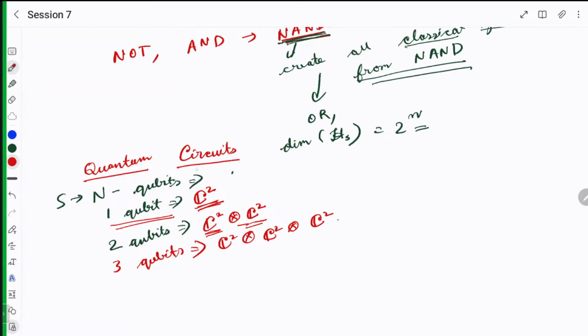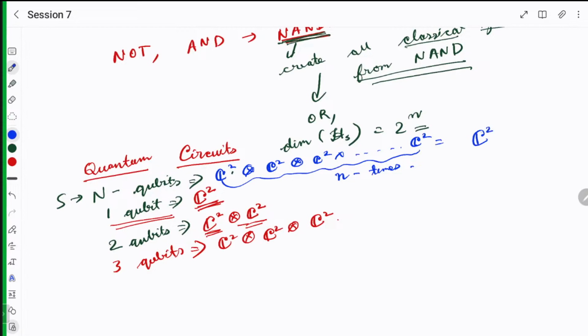Right. So for n qubits, it will be C2 tensor C2 tensor C2, and this will go on for n times. So this is the Hilbert space for n qubits, and this is often referred to as C2 tensor power n.